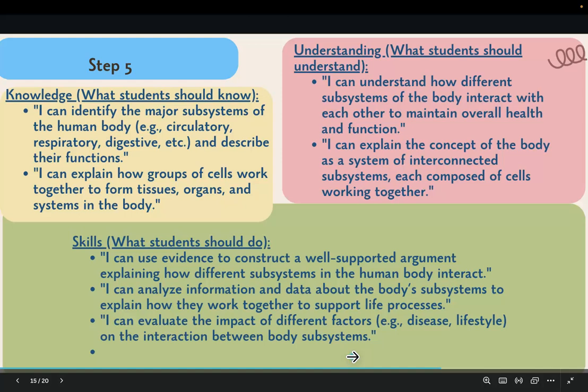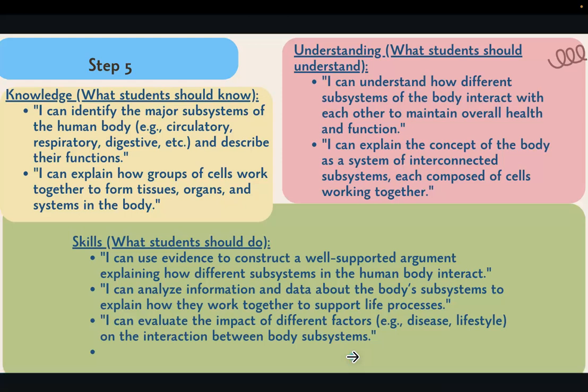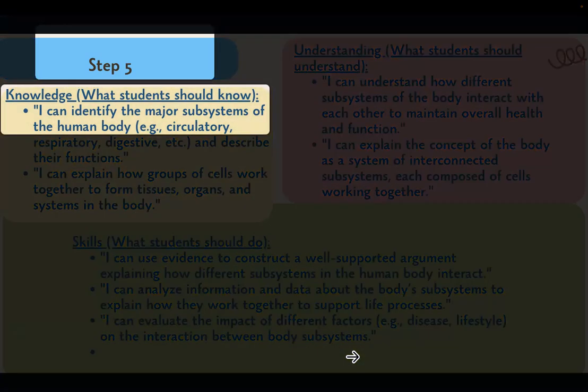And then the last step now is taking all those pieces and writing my learning targets. Here, I separate my learning targets into knowledge, what students should know. For example, they should be able to identify the major subsystems of the human body.